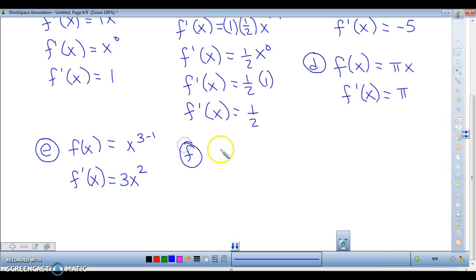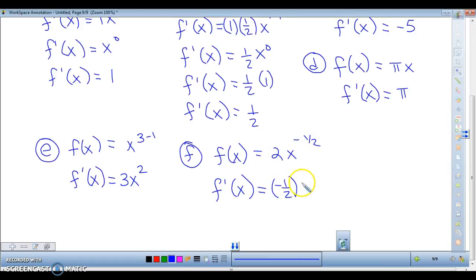Let's say that f of x is equal to 2 times x to the negative 1/2. Again, we've got the scalar multiple in front of x, so we still bring this power down in front. We're going to multiply it times the scalar multiple of 2.